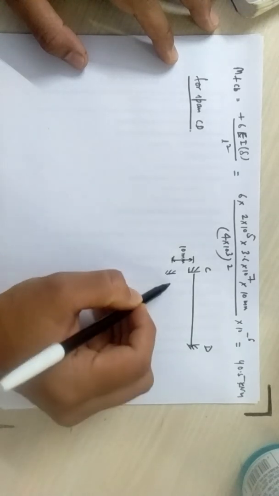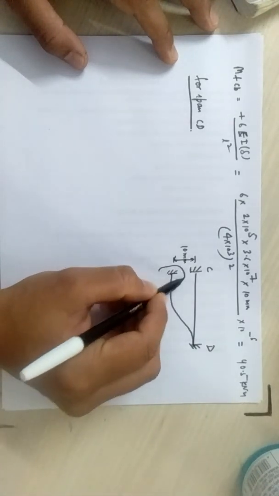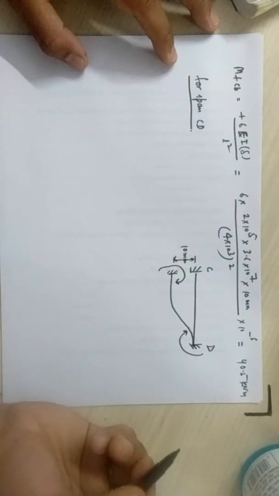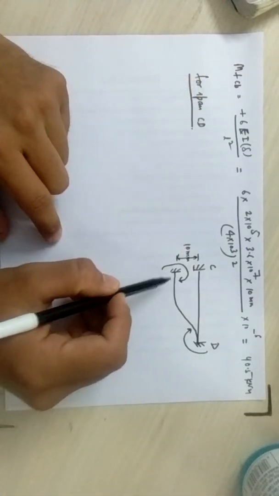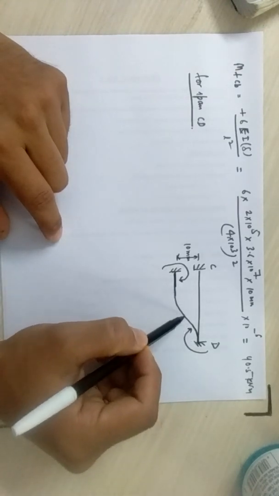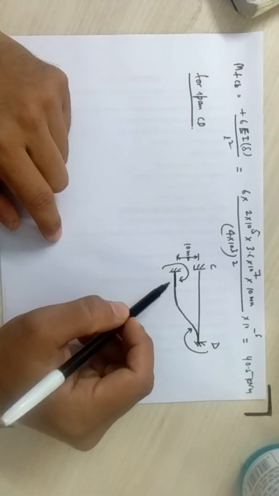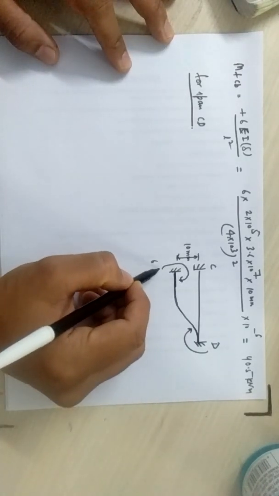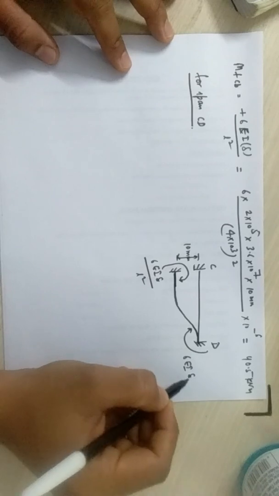So the new support is here, and the moments will be this and this. They will try to make the slope 0 at the ends. Why are they doing this? Because it is a fixed beam, and for a fixed beam the slope should be 0 at the ends. So now this is 6 EI delta upon L square, and this is 6 EI delta upon L square.